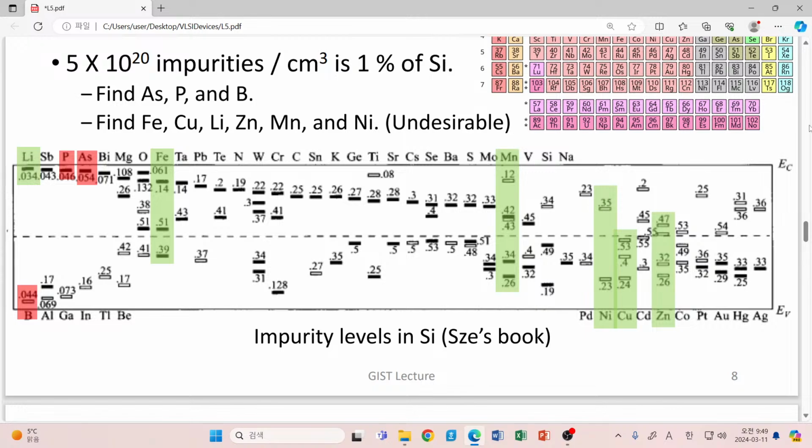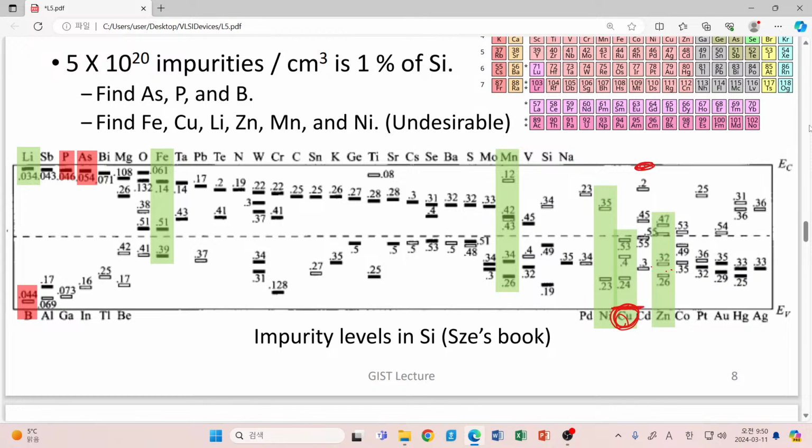Please try to find copper in this slide. Where can you find copper? Oh yes, here you have copper. This graph shows what happens when you insert copper impurity into your silicon material. Here we have a conduction band level, and here we have a valence band level.